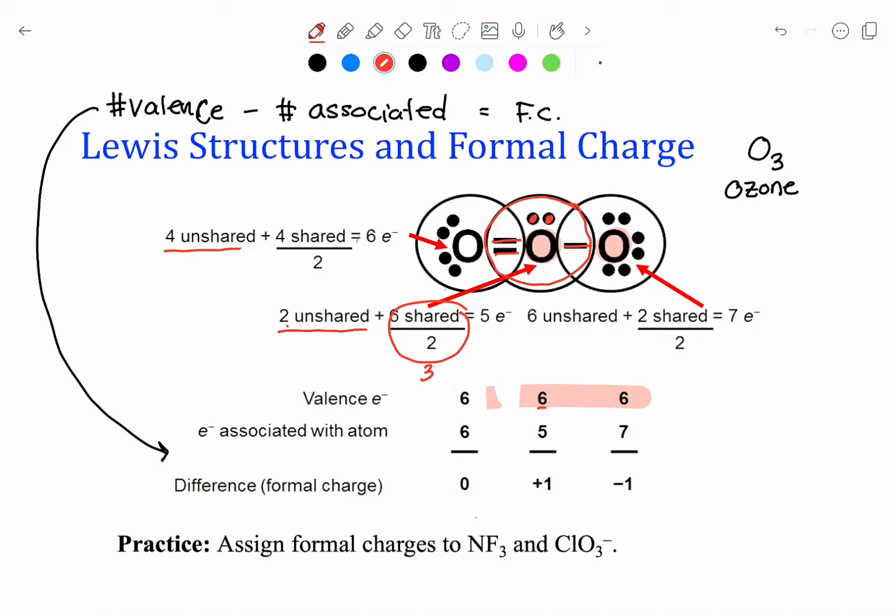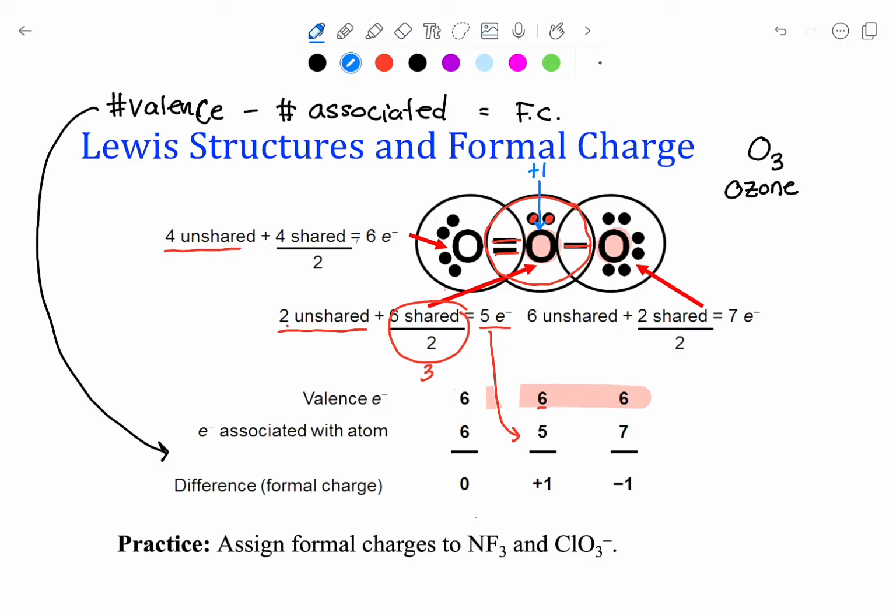So 2 plus 3 is 5 electrons that are associated with that oxygen. We take that value and subtract it from our number of valence electrons. So 6 minus 5 is plus 1. So the formal charge on this oxygen is now plus 1.